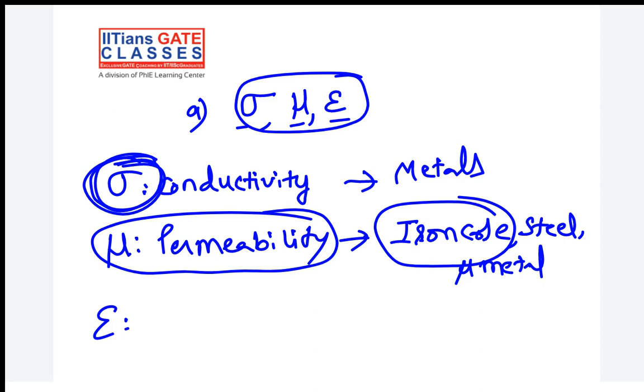X-rays are basically a high-strength field. He uses X-rays because your body can easily allow the electric field. As a result, these X-rays can penetrate through your body and he will be able to analyze which part has got damaged. So the simple example for permittivity is our human body itself.